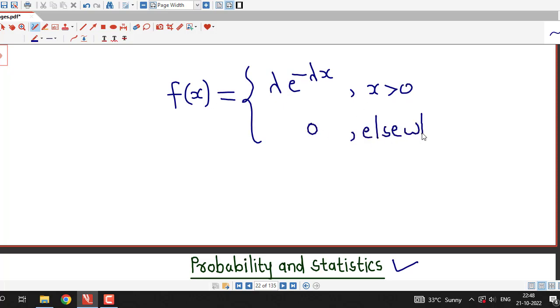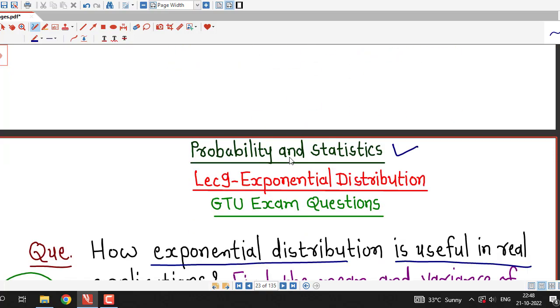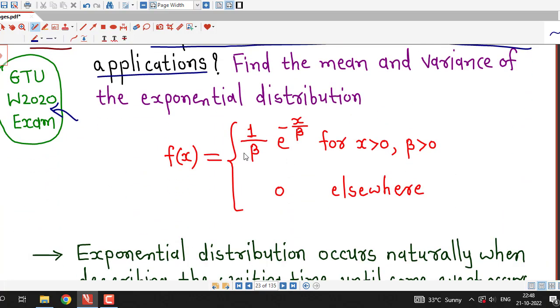If x is positive, then f(x) is non-negative and it is 0 elsewhere. Now here if you notice, the PDF is given in this form: 1 divided by beta e raised to minus x by beta. Instead of lambda, they are using 1 over beta.